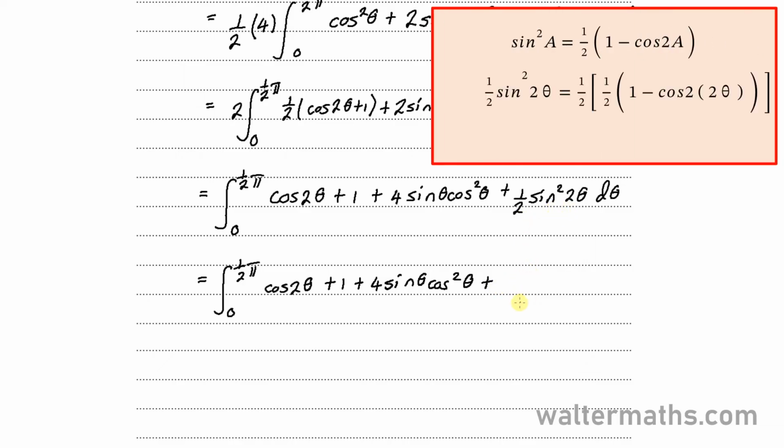be having a half of 1 minus cos 2 of 2 theta, which is as good as a quarter of 1 minus cos 4 theta, which I can write as a quarter minus a quarter of cos 4 theta. So that's a quarter minus a quarter of cos 4 theta, and it's with respect to theta.